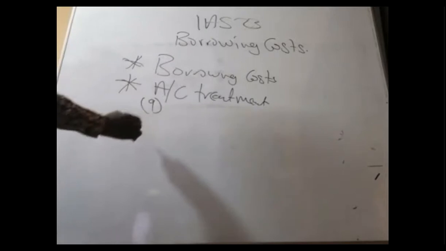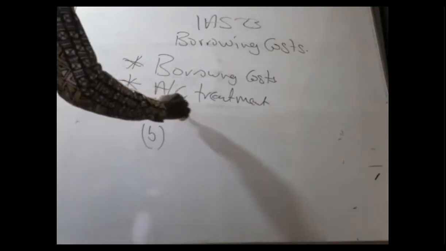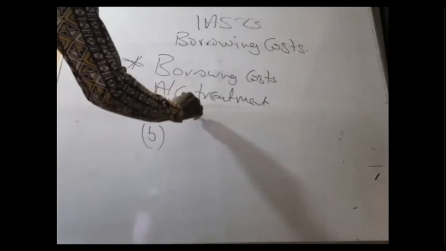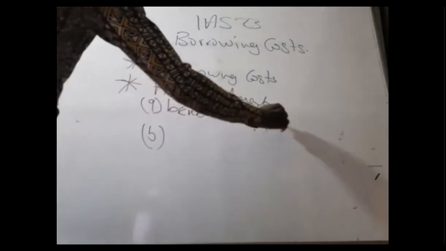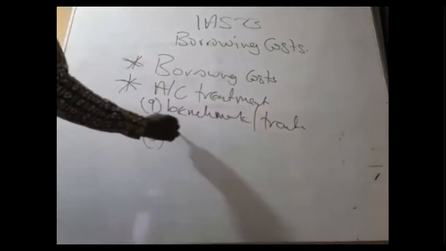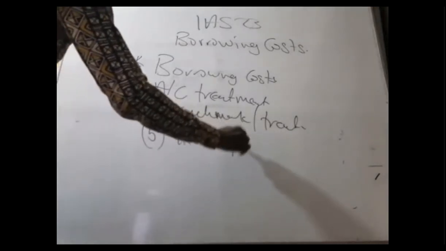A quick summary: we said that there are two treatments. We have the benchmark or the traditional treatment. We also have what we call the allowed alternative.